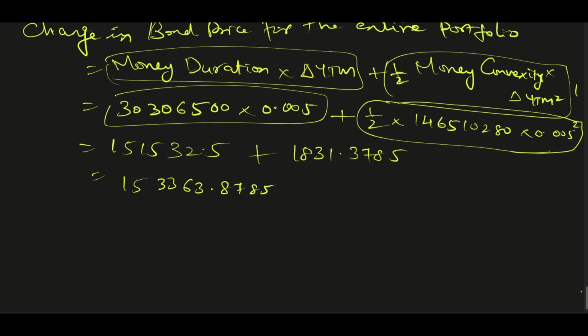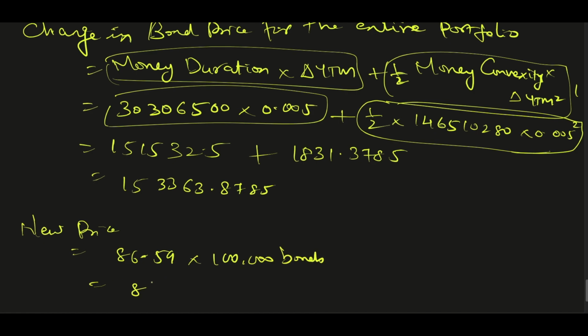So now the new price will be, initially 86.59, and we had 100,000 bonds. So initially it was 8,659,000.